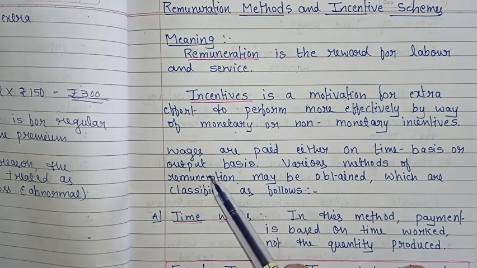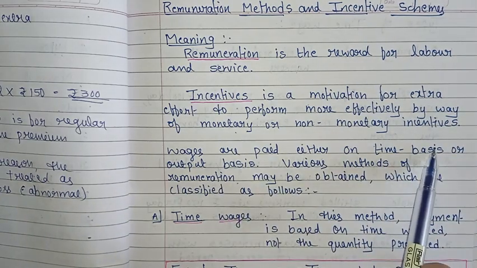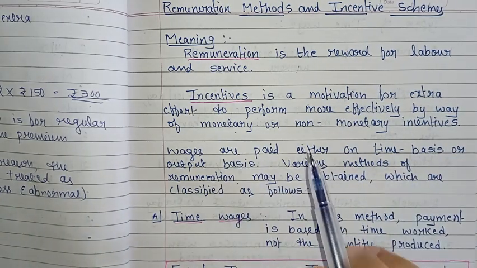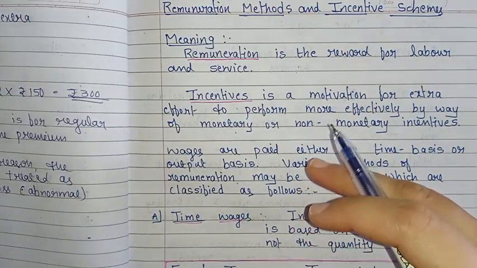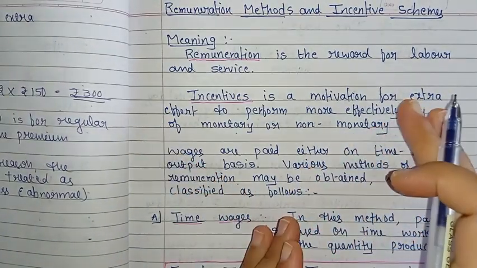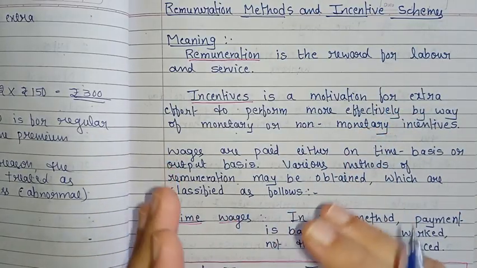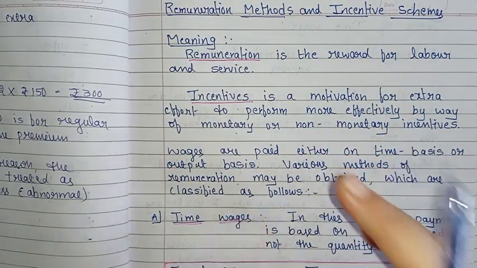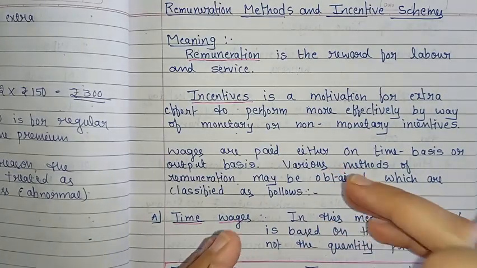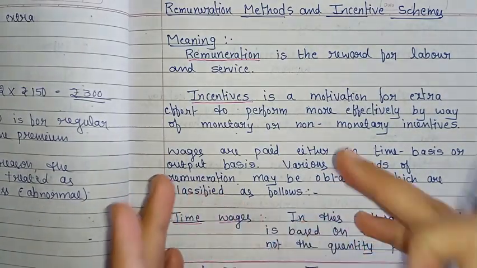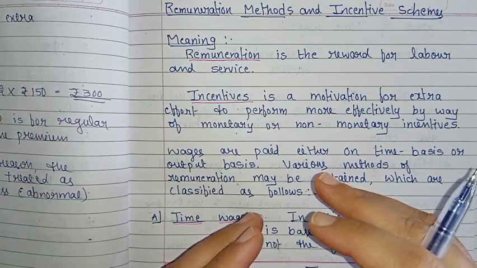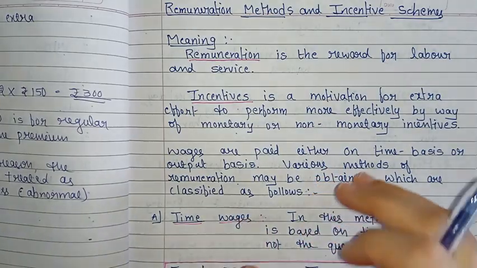After that, wages paid on time basis means employees are paid based on the amount of time they work, regardless of how much they produce. Here we should not consider the output, only the amount of time they work.